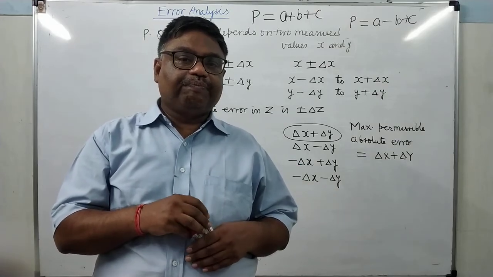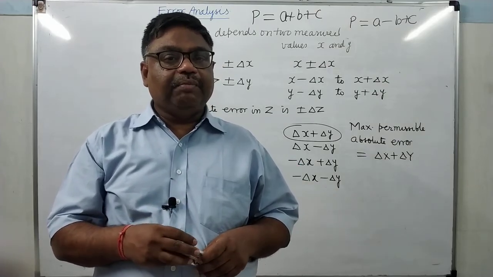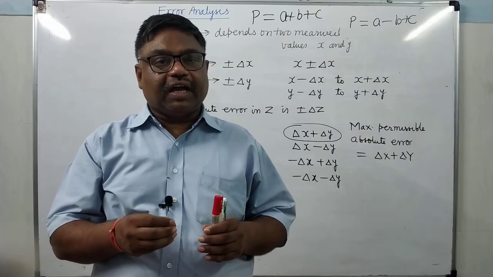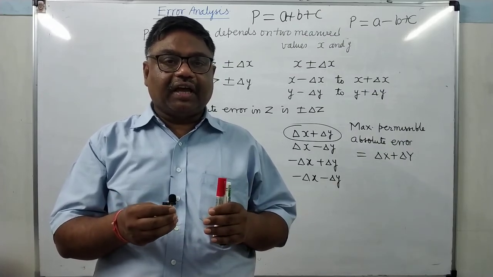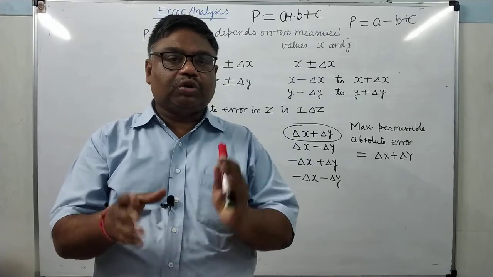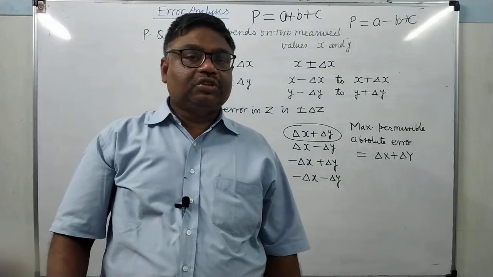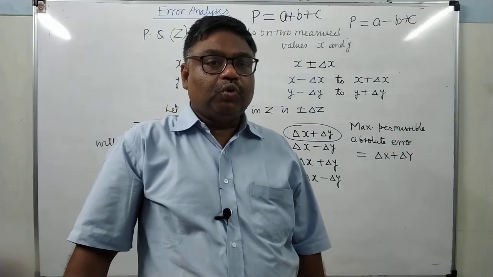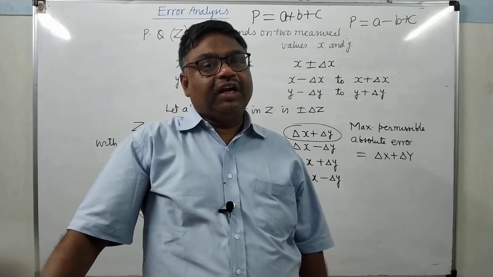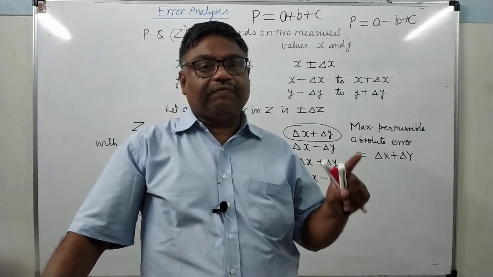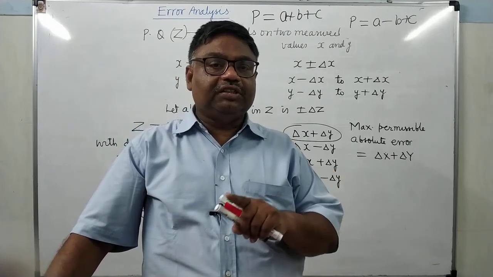Final result फाइंड करने के लिए मेजर्ड वैल्यू को या तो ऐड किया गया है या सब्ट्रैक्ट किया गया है, या कुछ को ऐड और कुछ को सब्ट्रैक्ट किया गया है. So what will be the absolute error in the final result? It will be equal to the sum of the absolute errors in the measured values.